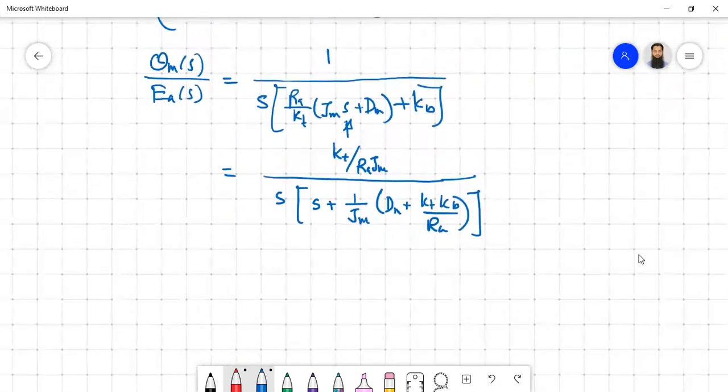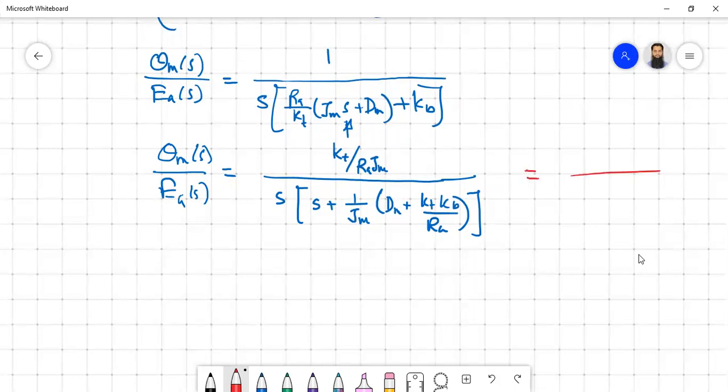Even though there are a lot of parameters and it seems a bit difficult to understand, a simplified version of it is nothing but some coefficient K by s into (s plus alpha).